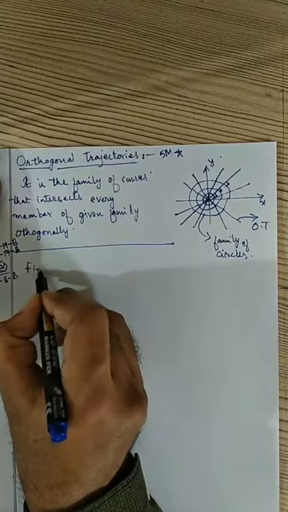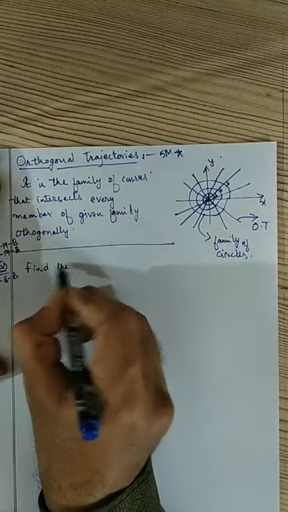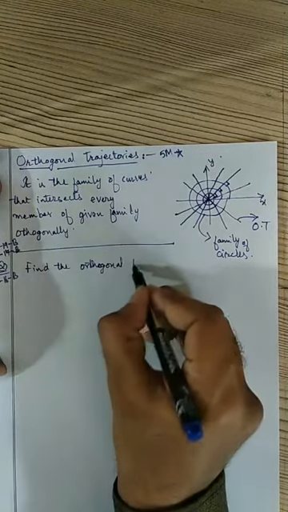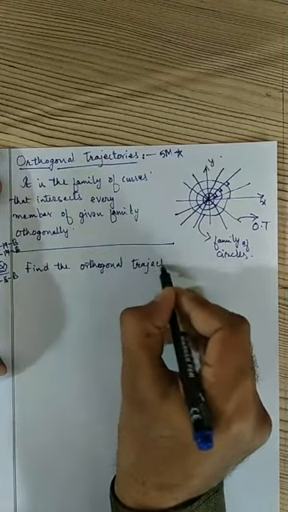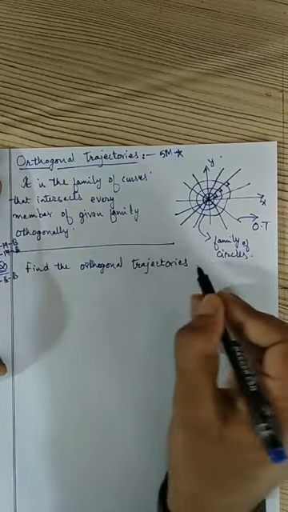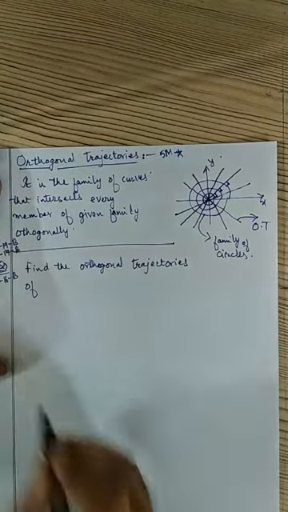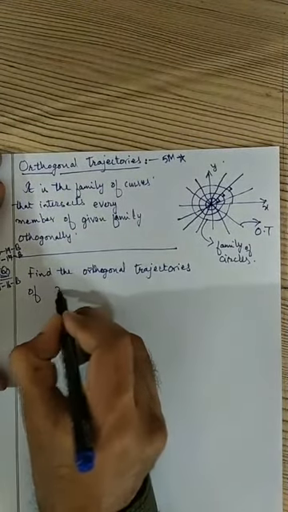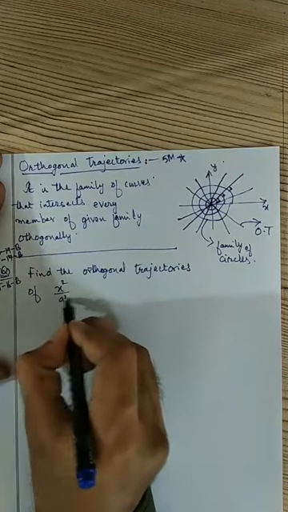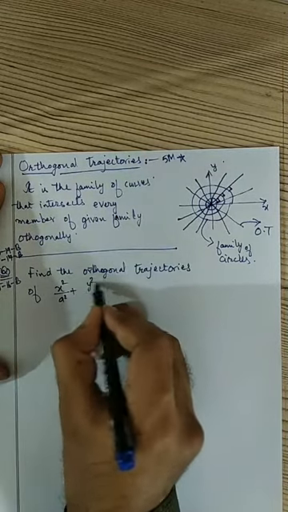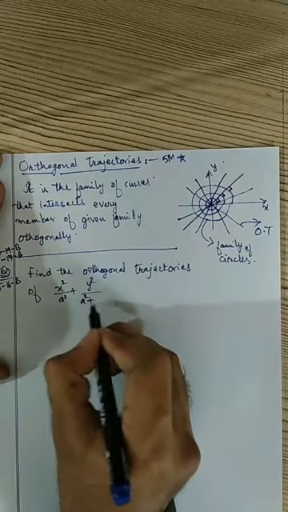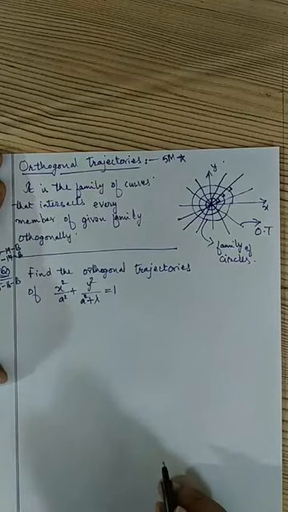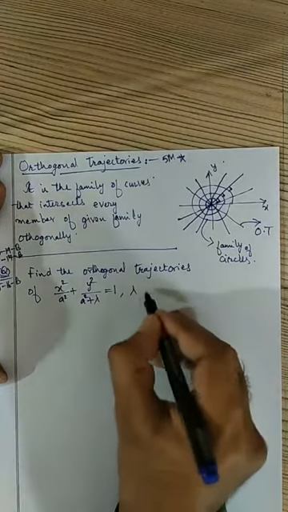Find the orthogonal trajectories of the family x square by a square plus y square by a square plus lambda equals 1, where lambda is the parameter.